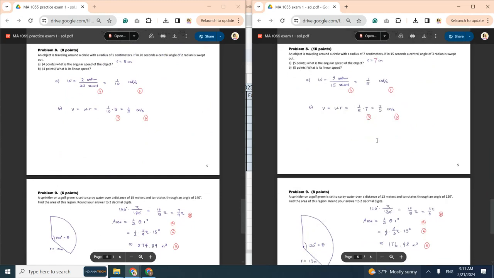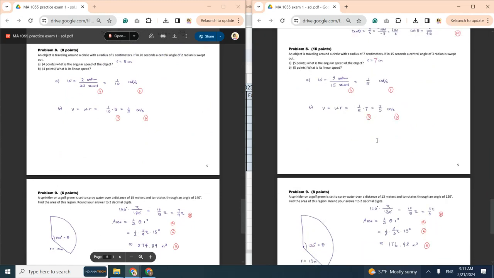Okay, next one. Look at this problem. Are they the same? I just changed the numbers. Many students made a mistake: multiplying by 2 pi. This is 3 radians. It's not 3 revolutions. Do you see the difference? 3 revolutions is 3 times 2 pi. For 3 radians, pi is like 3.14 radians.